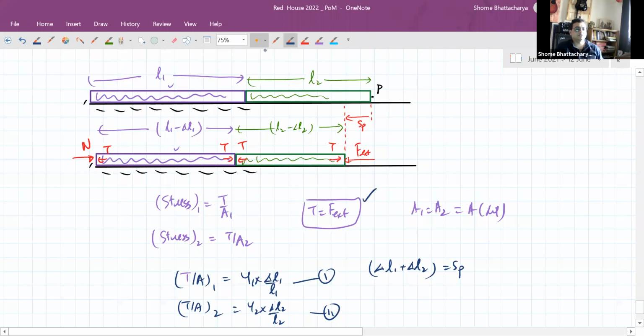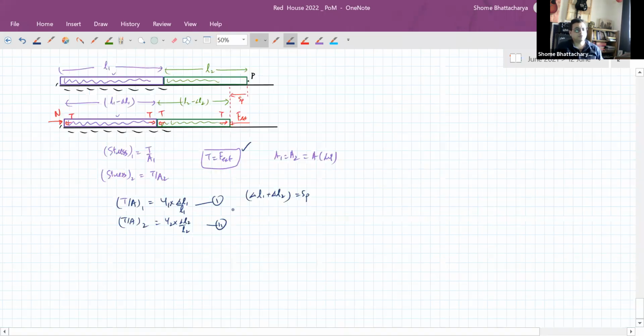So now connecting this equation with these two, you can see that from equation 1, delta L1 is this much. And delta L2, and now equating with this.